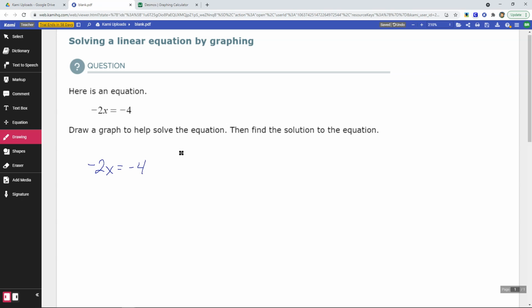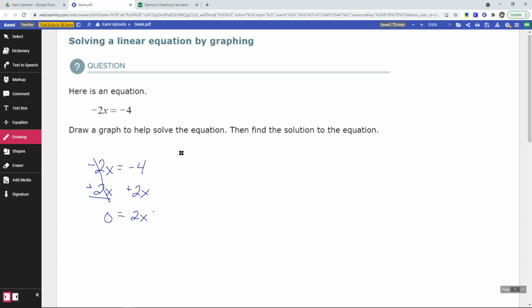Because we are going to eventually replace 0 with y, let's go ahead and get the left side set equal to 0. So we add 2x to both sides. This sets the left side equal to 0, and the right side is now 2x plus 4. Or excuse me, 2x minus 4.